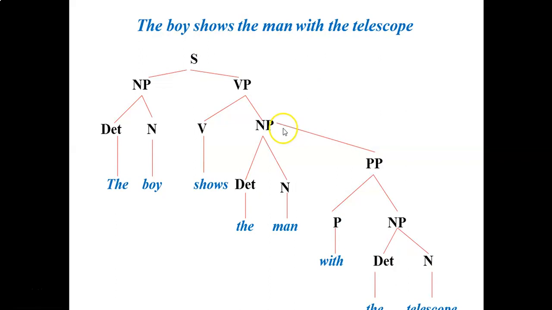It will be in a different sense. It means not how does the boy show the man, but who does the boy show? Which man does the boy show? The man with the telescope. That will be different. So it depends on the context.